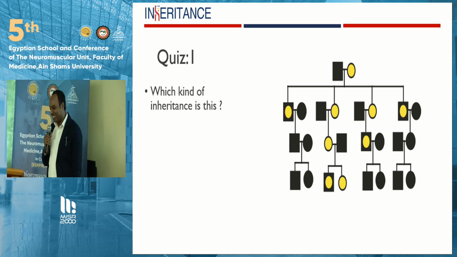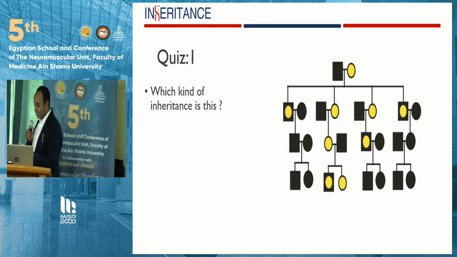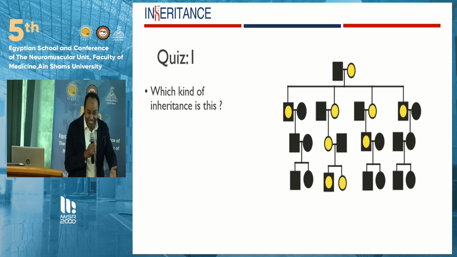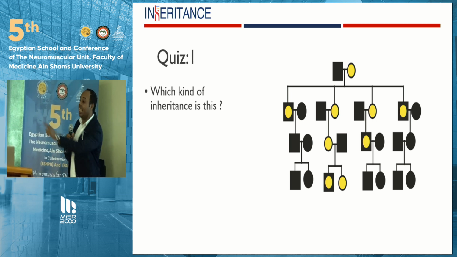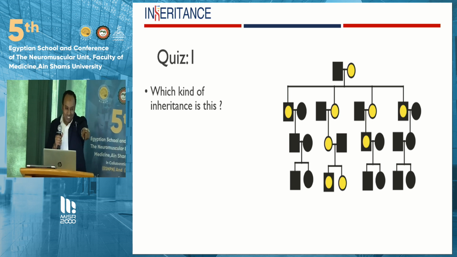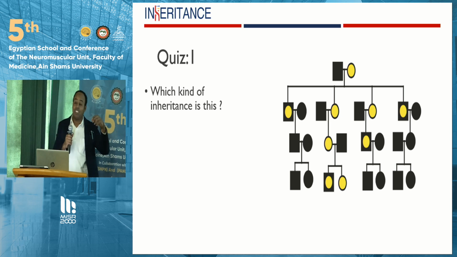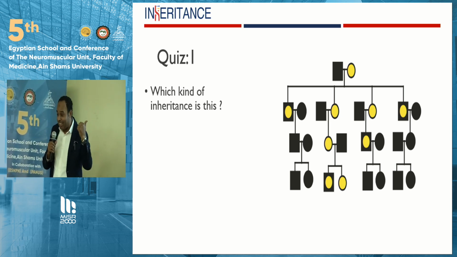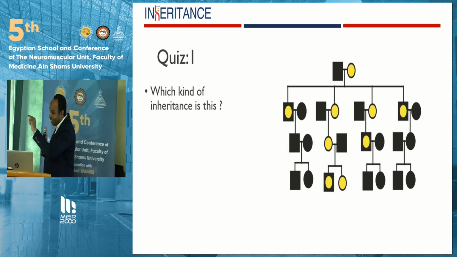Think about it. It comes from female to male, but not back to his females. Yes, it's a maternal inheritance. You are completely right, but it's mitochondrial. It's a mitochondrial maternal inheritance, because maternal inheritance could be X-linked, dominant or recessive, but this one is a mitochondrial maternal inheritance.